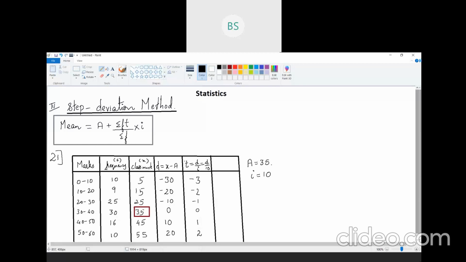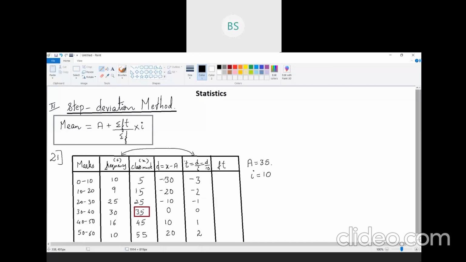Now once we do this, the last column is always the product, that is frequency into t. Okay, so frequency into t, that is f into t. So this frequency column and t column you have to multiply.